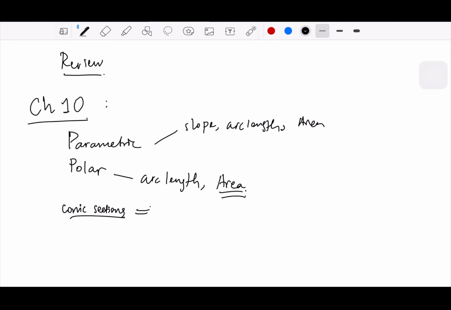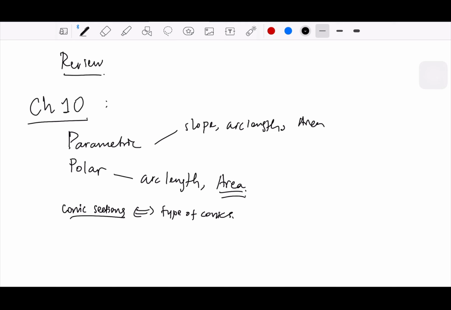Between chapter 10 and 11, there will be more on chapter 11. So chapter 10 is probably only 35 to 40%, and the rest will be chapter 11, because chapter 11 has a lot of content, and chapter 10 has limited content.